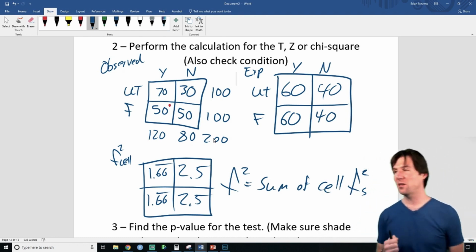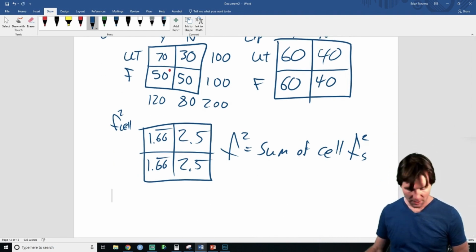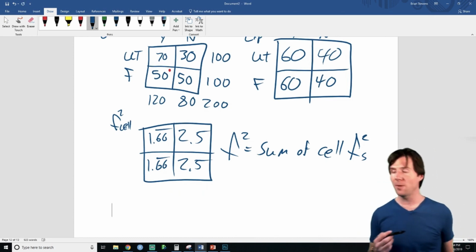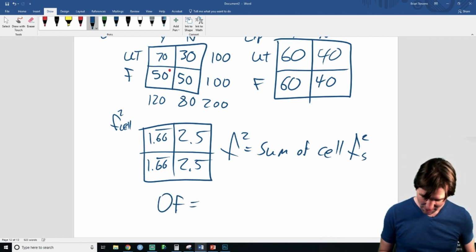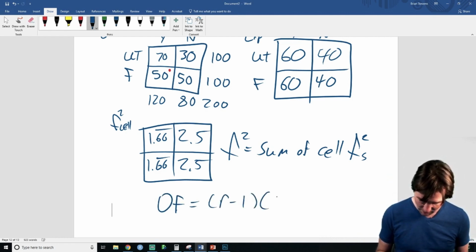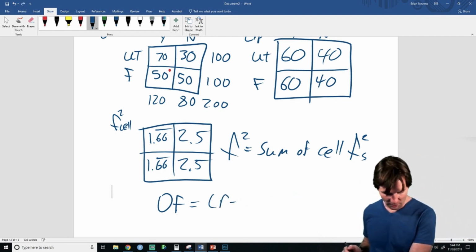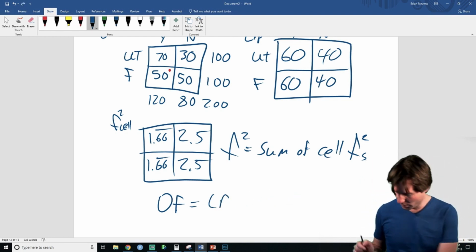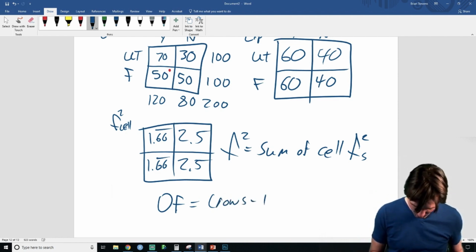To find the p-value, we have to plot this. The degrees of freedom for this one are, and it's such a fun thing to do, so let's write here df, and that's not OF, that's df, equals rows minus 1 times columns minus 1.